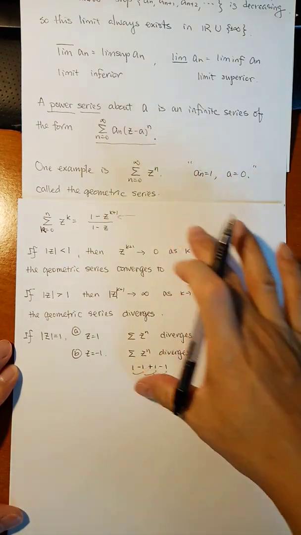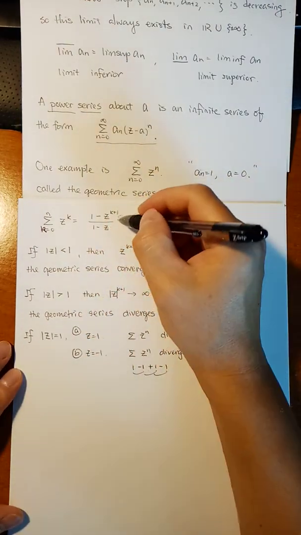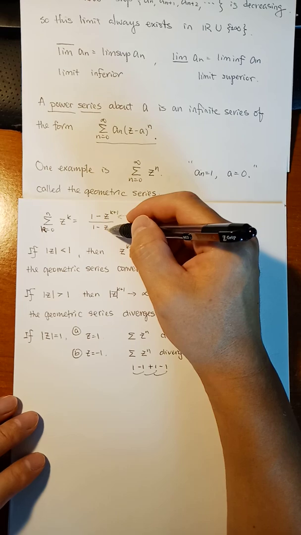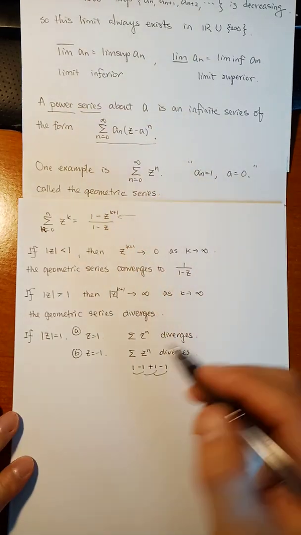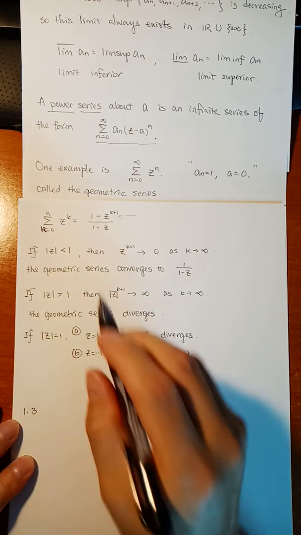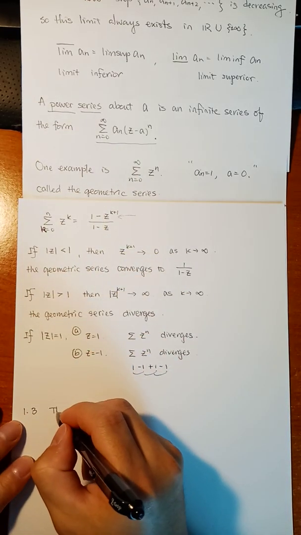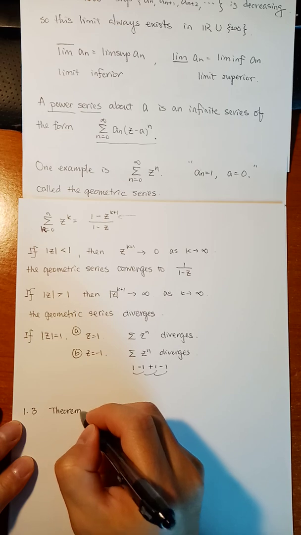In this one, the whole argument is based on this very powerful summation formula. But in general, we don't have such a formula for the general power series, but we do have this theorem.